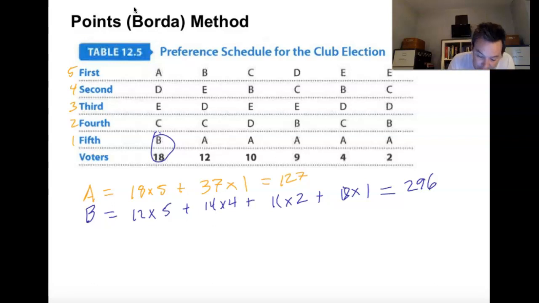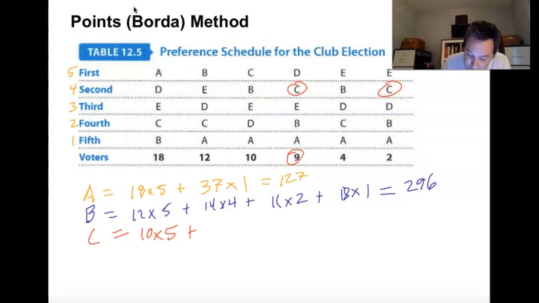Let's look at candidate C. I'll just try and go in order again. Candidate C got 10 first place votes, so I'm going to do 10 times the 5 plus, let's see, second place, 11. So 11 second place votes, so 11 times 4 points for each of those. Third place, none.